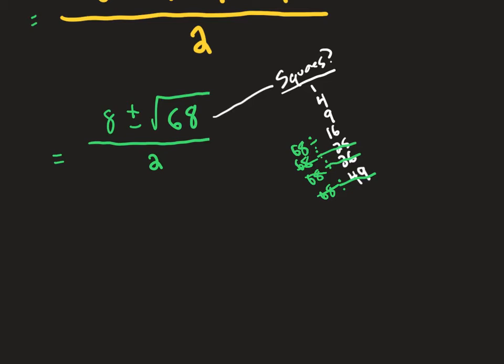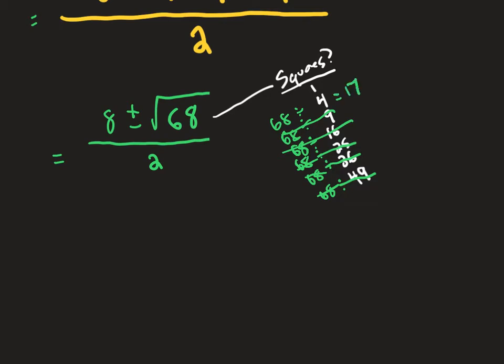So if you're just using a calculator, 68 divided by 16 comes out to 4.25, so it doesn't come out evenly. 68 divided by 9. Make sure you're going from high to low numbers. 68 divided by 9 gives you 7.5 repeating. That doesn't work out. And then 68 divided by 4. That does come out to 17.